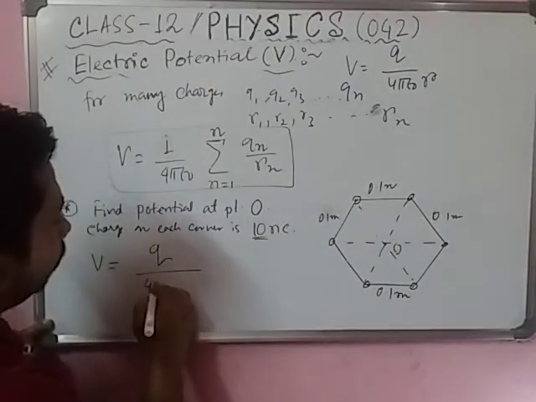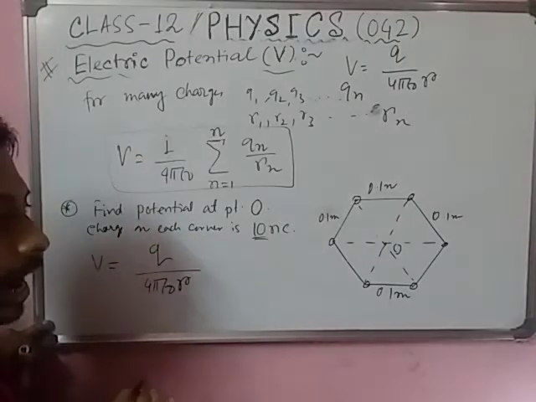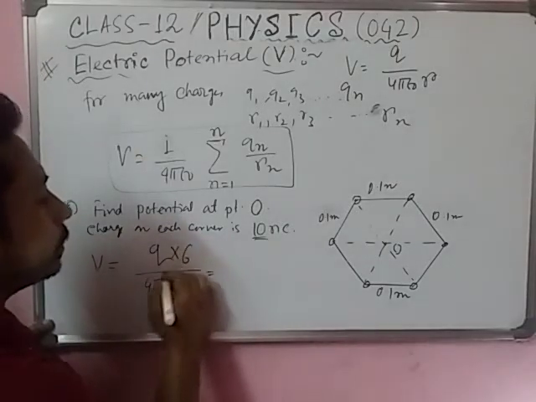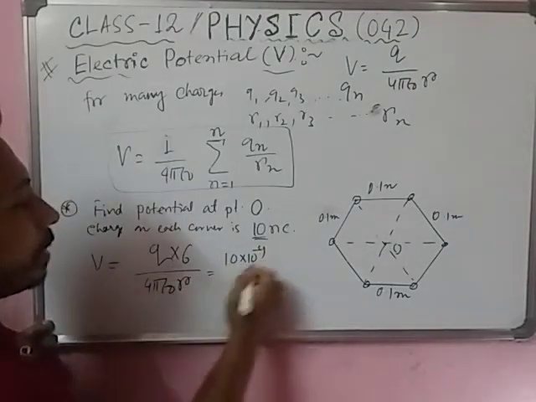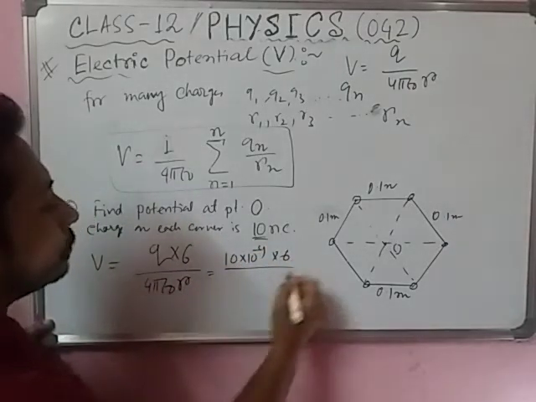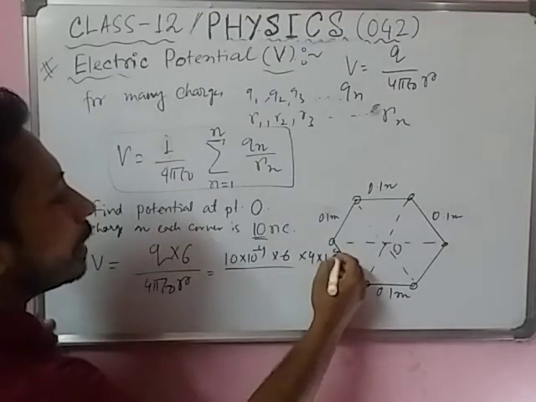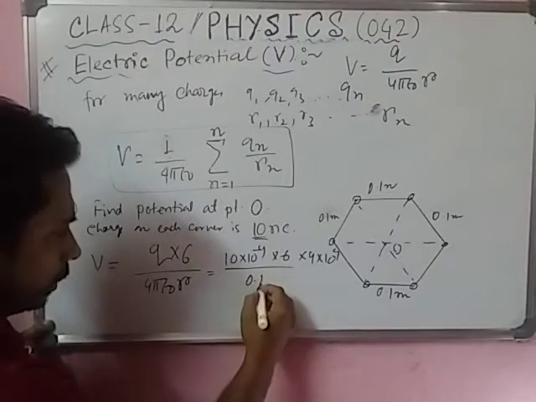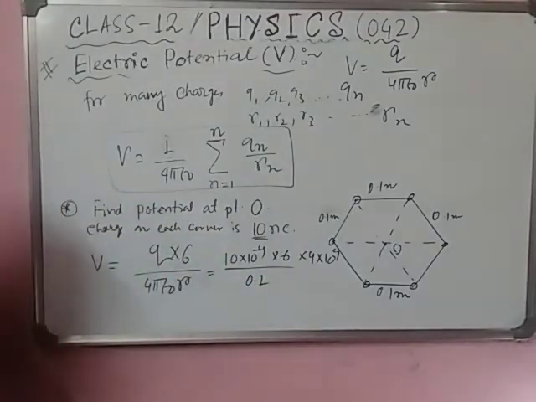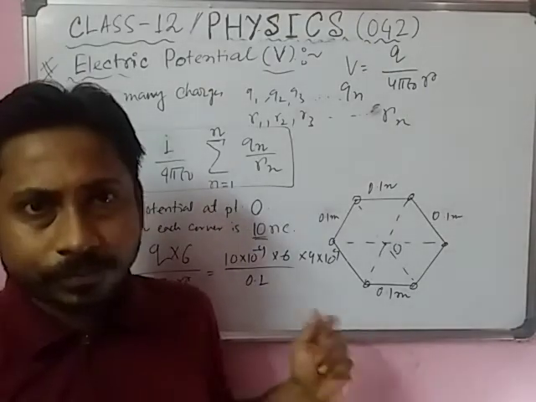So Q by 4 pi epsilon naught into distance R, into 6. So the charge value is 10 into 10 to the power minus 9, because nano, into 6, and 1 by 4 pi epsilon naught is 9 into 10 to the power 9, you all know, and R the distance is 0.1. So you just divide by 0.1, that's all. This is your answer. Okay, students, I think many of you got it right.